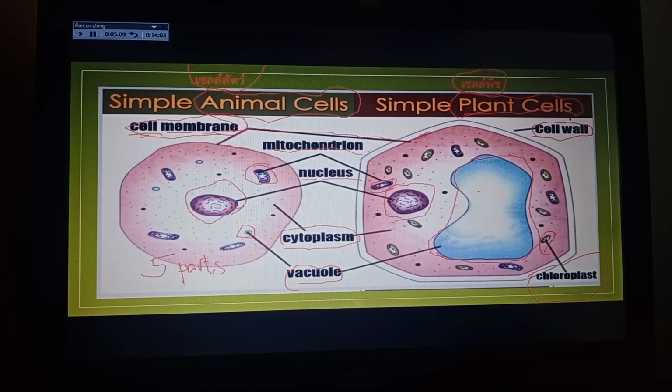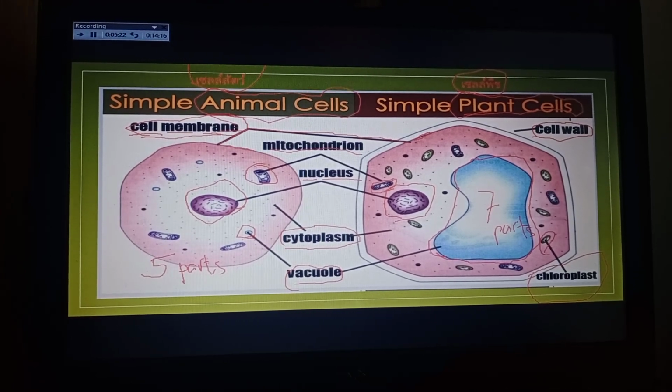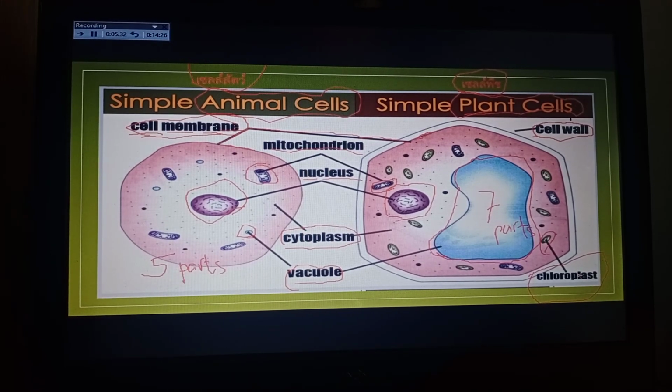Here we have 7 parts. All these 7 parts, we have 5 parts you can find also in animal cell, and we have 2 parts here, cell wall and chloroplast, which you can find only in plant cells.